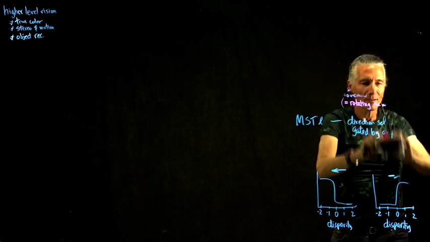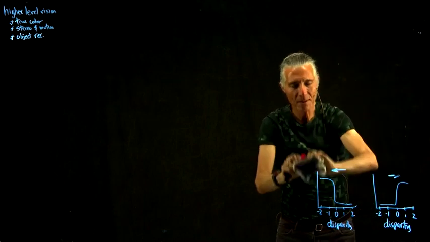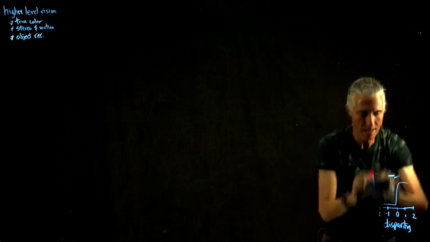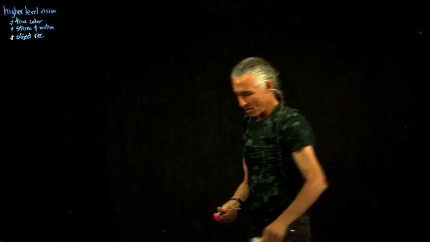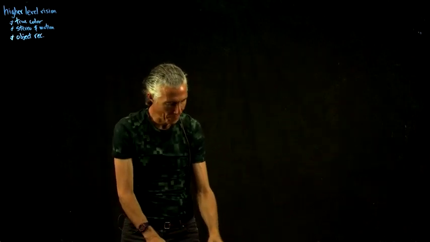And so it was known from a long time ago that infratemporal cortex was involved in object recognition. And so let's draw where infratemporal cortex is.